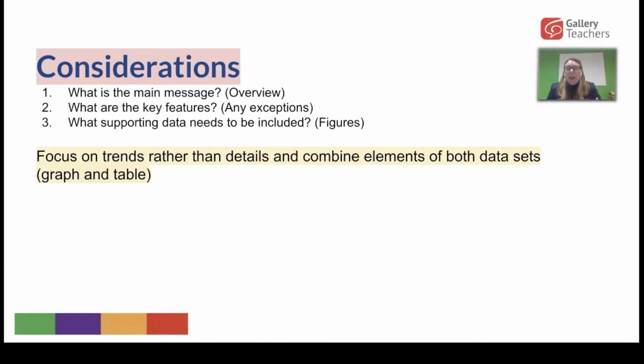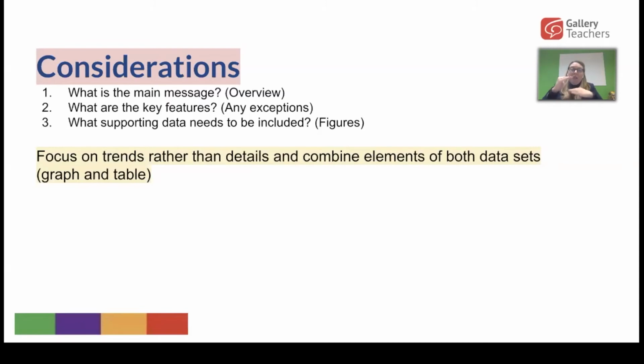The next thing we have to take into account are the key features. So what are the key features? We know the main message. Car ownership increased. We might say bicycle use decreased, whatever it may be. But now what are the key features? Perhaps car ownership dipped in 1992. That's an exception. That's a key feature.